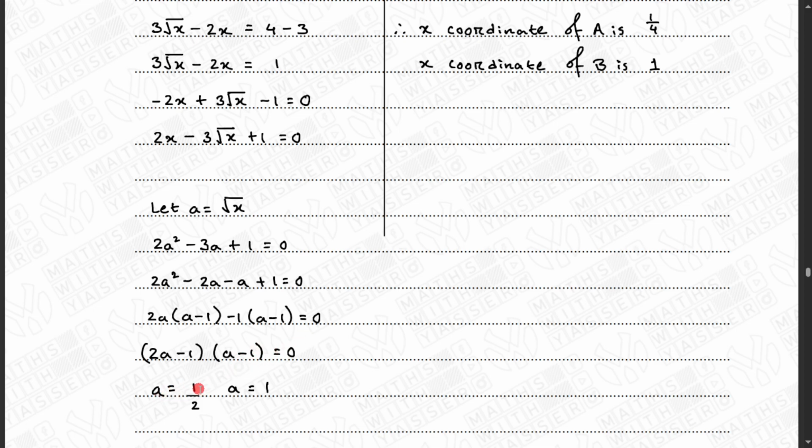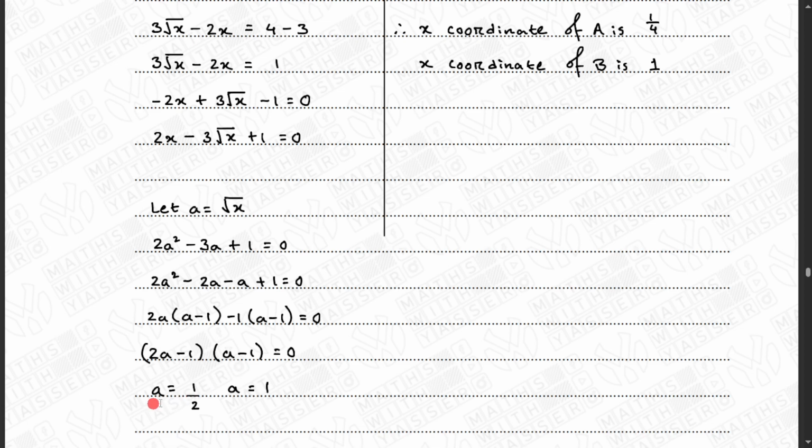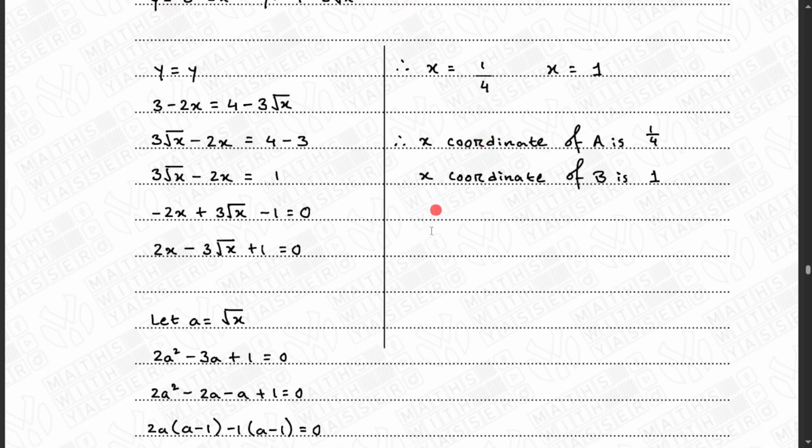So a is half and a is 1, which means x is 1 by 4, because if a is half, that means square root of x is half. To find x, we need to square this. By squaring root x, we get x, and by squaring 1 by 2, we get 1 by 4.